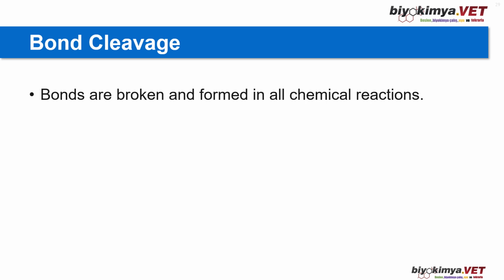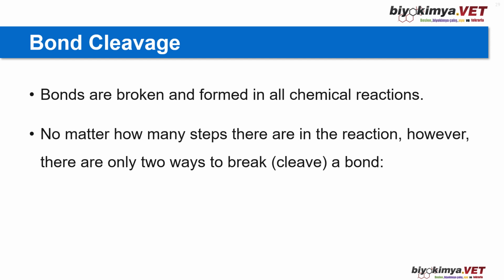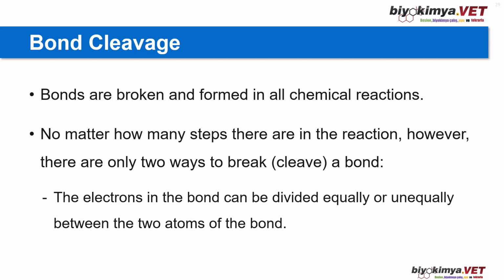Bond cleavage. Bonds are broken and formed in all chemical reactions, no matter how many steps there are in the reaction. However, there are only two ways to break a bond. The electrons in the bond can be divided equally, the first way, or unequally, the second way, between the two atoms of the bond. And the consequences of dividing bonds equally or unequally are different.